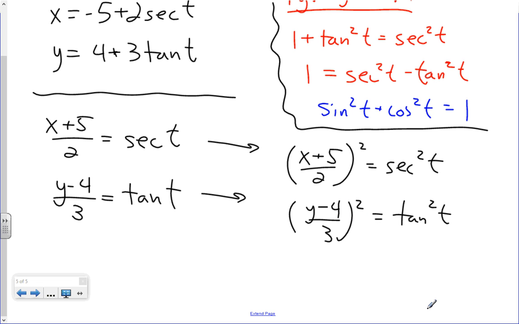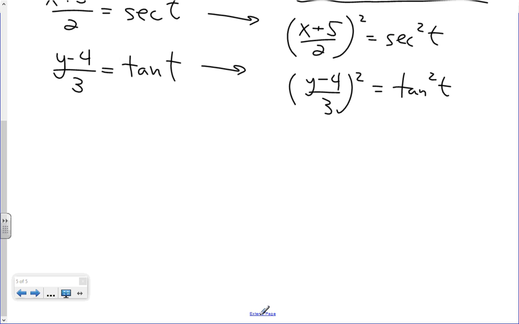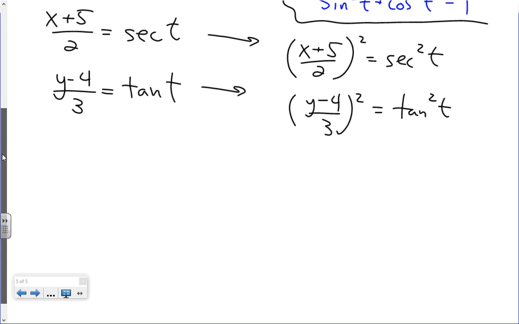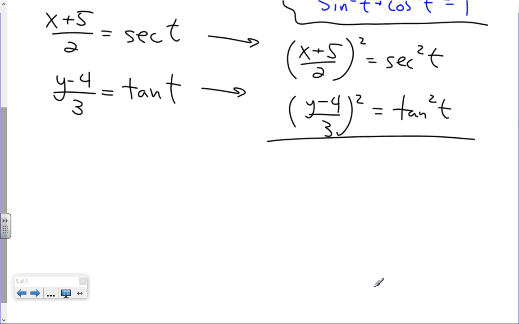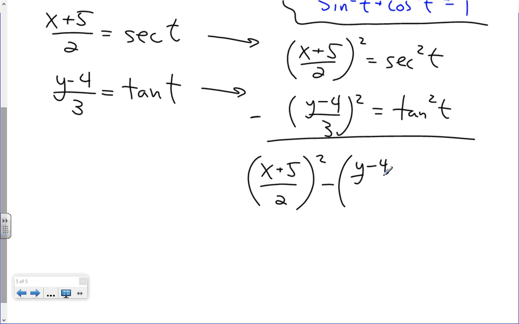And according to what I have up above, if I take secant squared minus tangent squared, I end up with 1. So let's take these two equations now and subtract. Over on the left, I'll end up with x plus 5 over 2 squared minus y minus 4 over 3 squared.